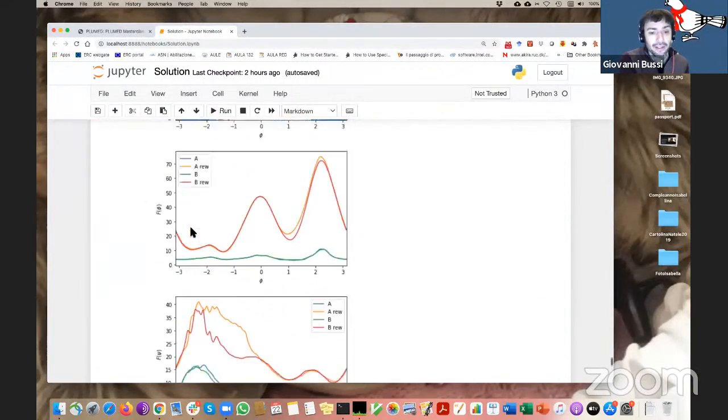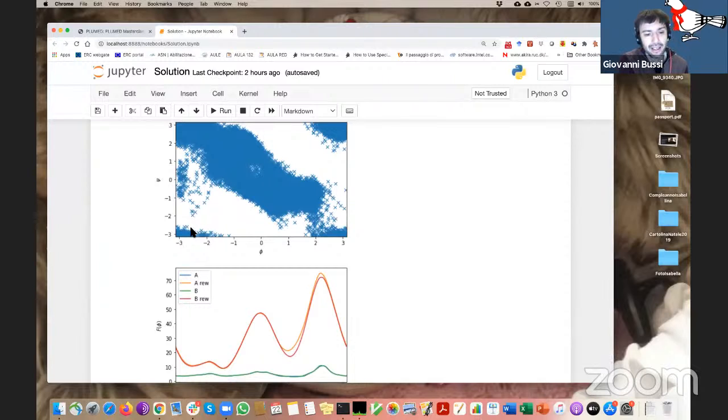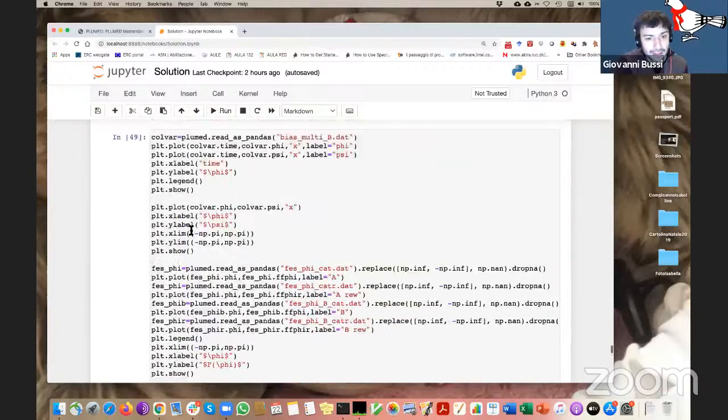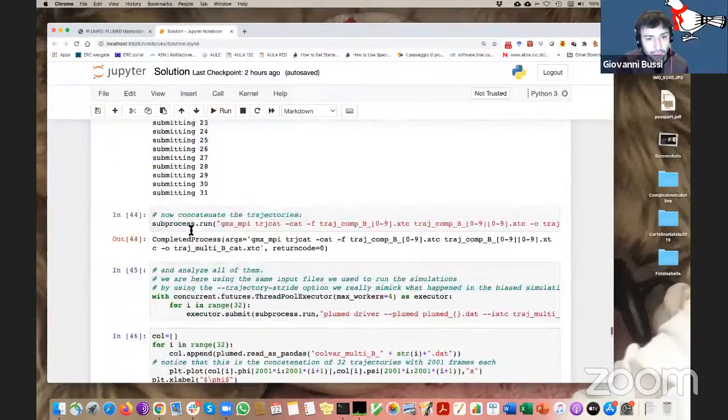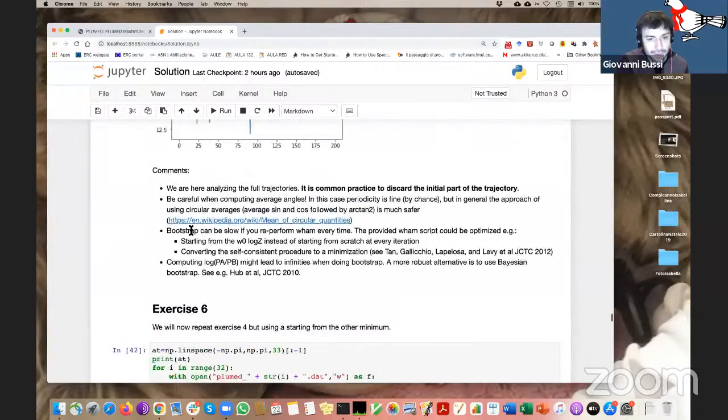So here we cannot quantitatively check if the transition is reversible, because we have no transition, or better, we have one transition in each simulation. If they start from A, they go to B once at the beginning.